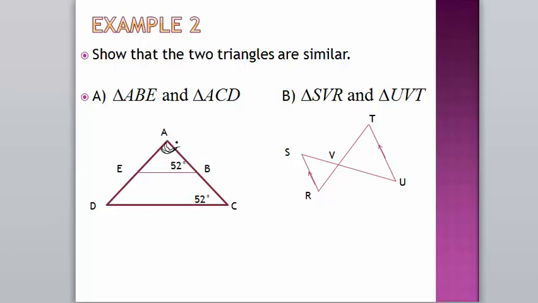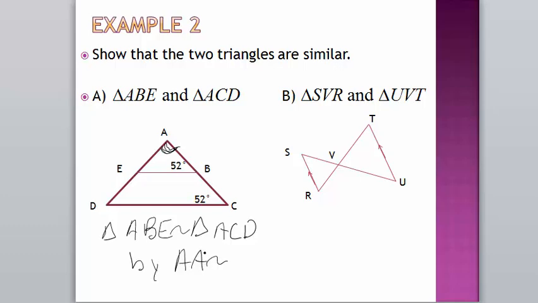So we can go ahead and say triangle ABE is similar to triangle ACD by AA similarity.